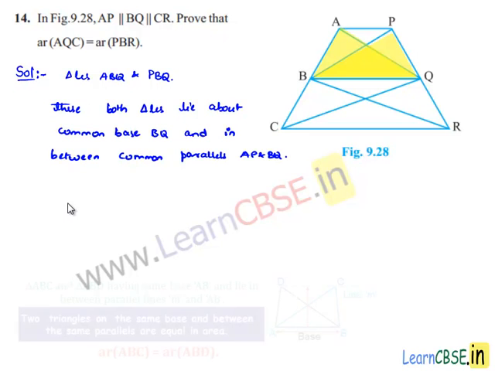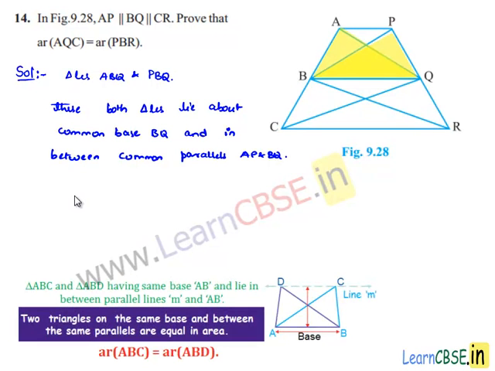Therefore, we know that if two triangles lie in between the common parallels and have the same base, their areas will be equal. Therefore, area of triangle ABQ will be equal to area of triangle PBQ.